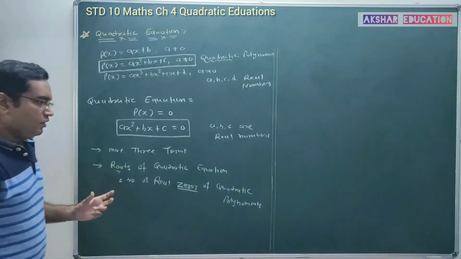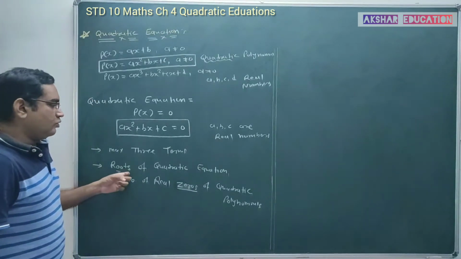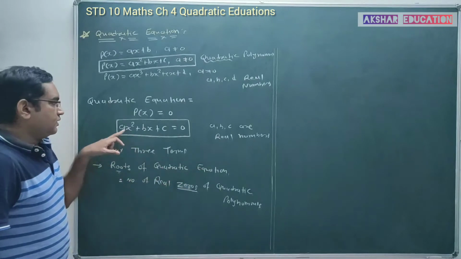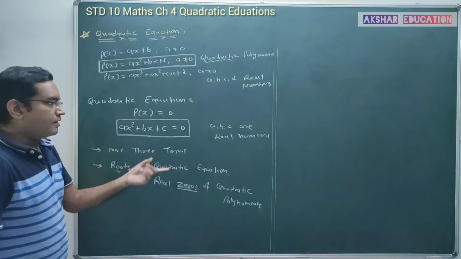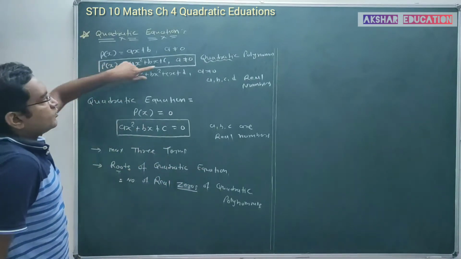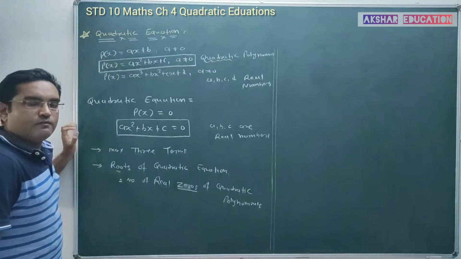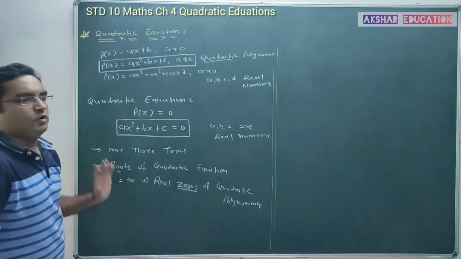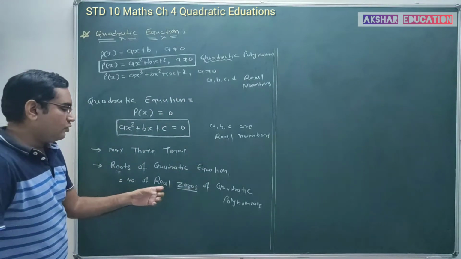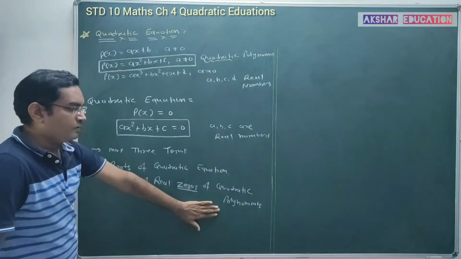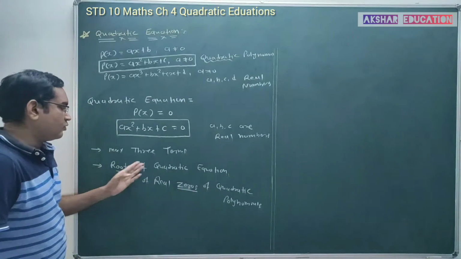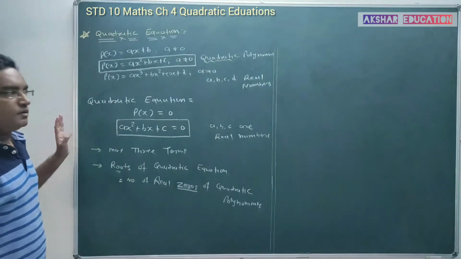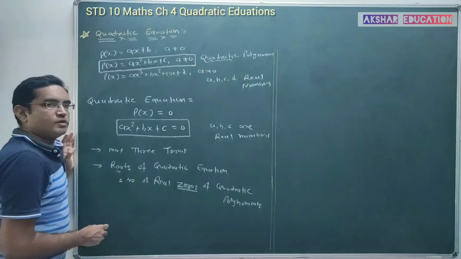Clear? What you have to remember: the roots of a quadratic equation are nothing but the zeros of these quadratic polynomials. And we have studied how to find the real roots of any quadratic polynomial. To find the zeros of any quadratic polynomial is nothing but to find the roots of that quadratic equation. Clear? So this is one quadratic equation.